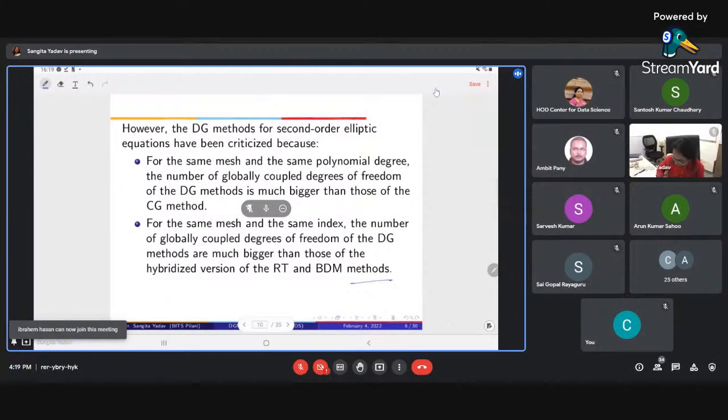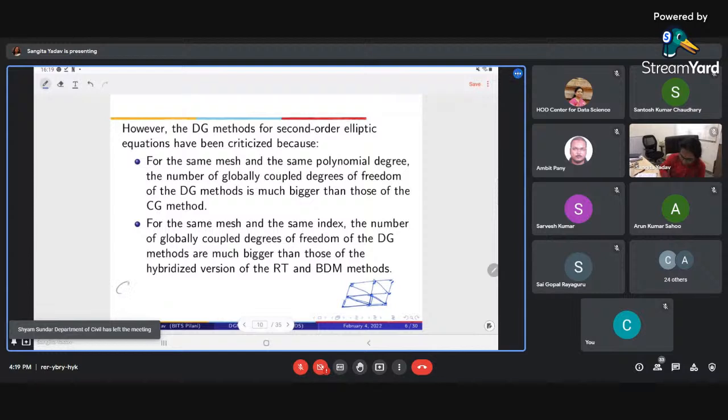Suppose I have a square domain, and let us divide it into subtriangles. Here these are the node points, and these triangles which you can see are known as the elements.